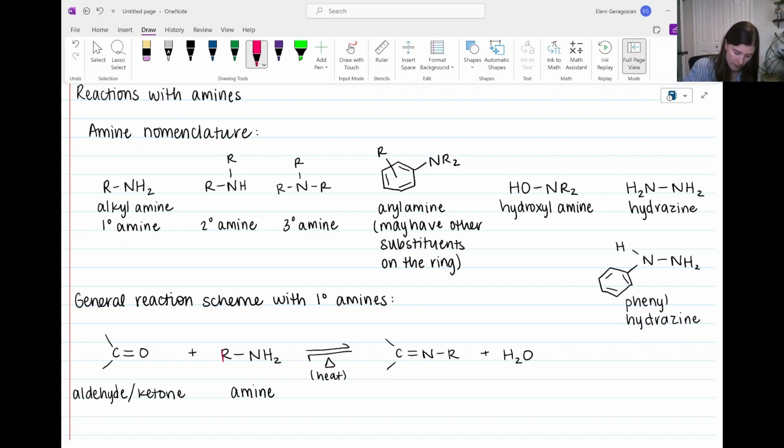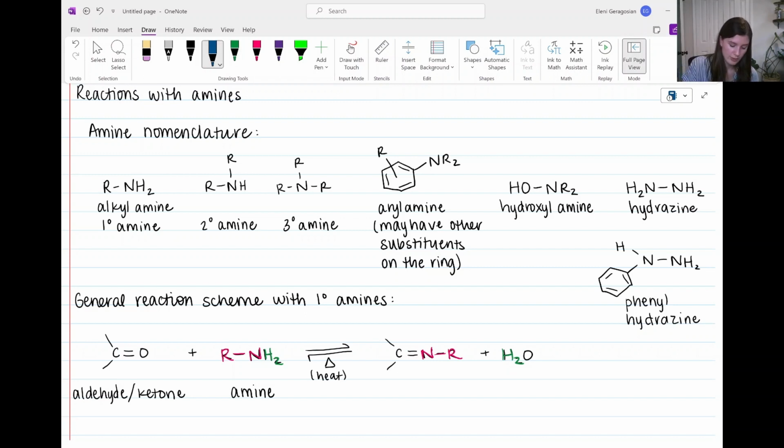The R group in the amine and the nitrogen in the amine both end up in this organic product. The hydrogens from the amine end up being bonded to oxygen in H2O.